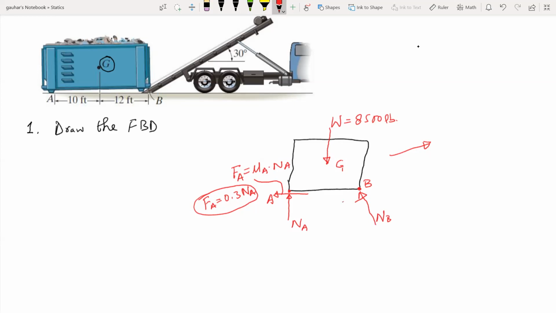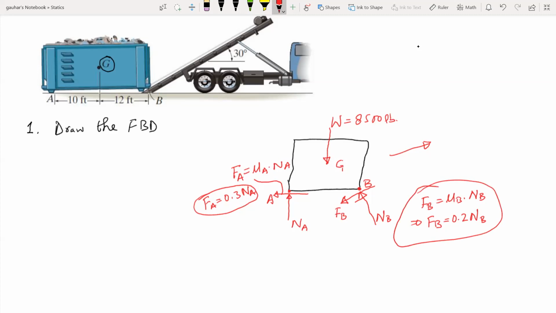The friction force acts in this direction, parallel to the surface of contact. So this is F sub B, and F sub B equals mu sub B times N sub B, which gives F B equals 0.2 times N B. So this is your friction force at point B.